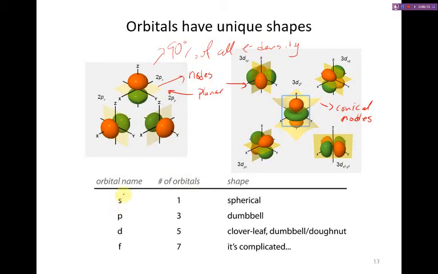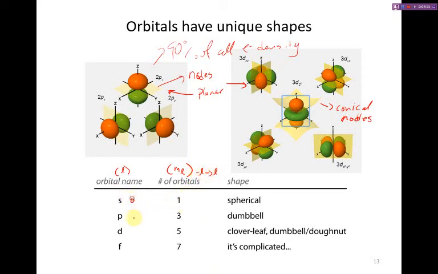So we talked about the orbital names. We've got our s, p, d, and f orbitals, the numbers of each kind, and these come from the rules, remember. The orbital name is our quantum number l. The m sub l value dictates the number of orbitals. This ranges from negative l to positive l.